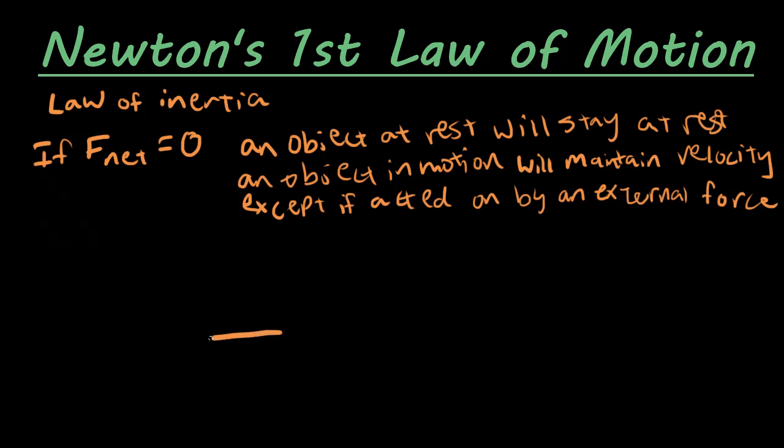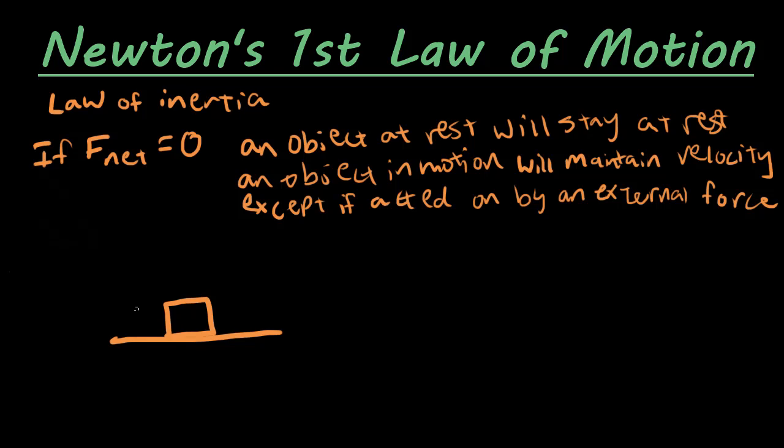Let's say we have some sort of box here on the floor. If it's at rest, it's going to stay at rest, which is a constant velocity of 0, if there are no external forces acting on it. Now let's say we push it with a force to give it a constant velocity. According to this law, the box will maintain a constant velocity unless acted upon by something else.